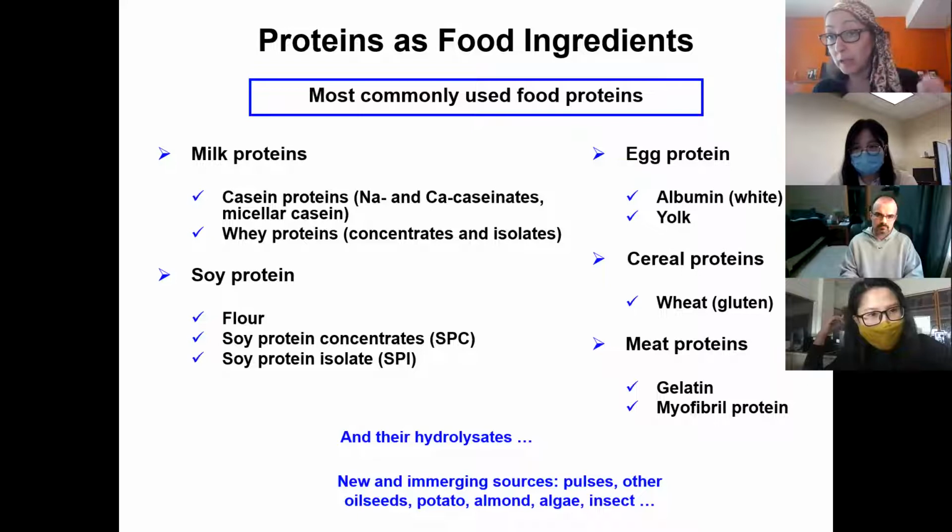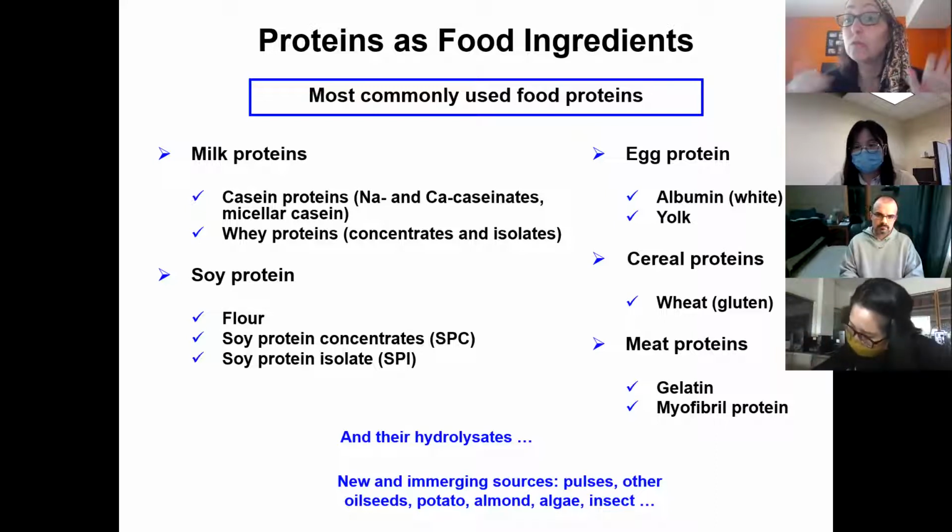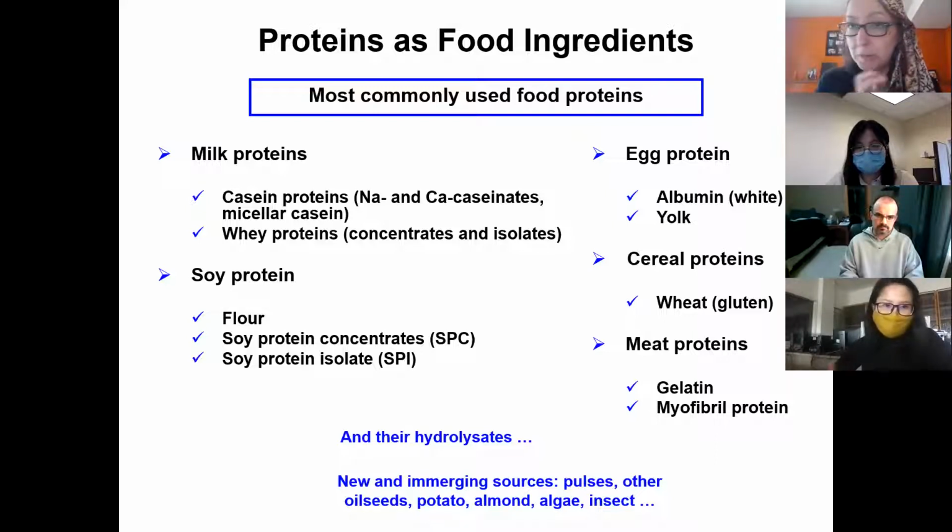And the other big ingredient from dairy is whey protein. And we have whey protein concentrates, and they range in protein purity from 35 to 80. So you call them WPC 35 or WPC 50 or WPC 80. That means how much protein is in that concentrate. And then we have the isolates that have 90% protein purity or higher.